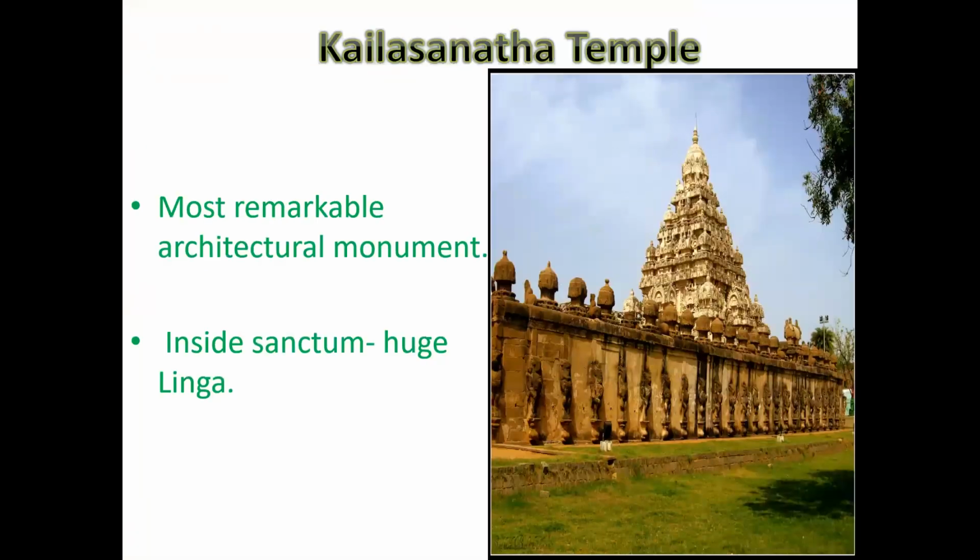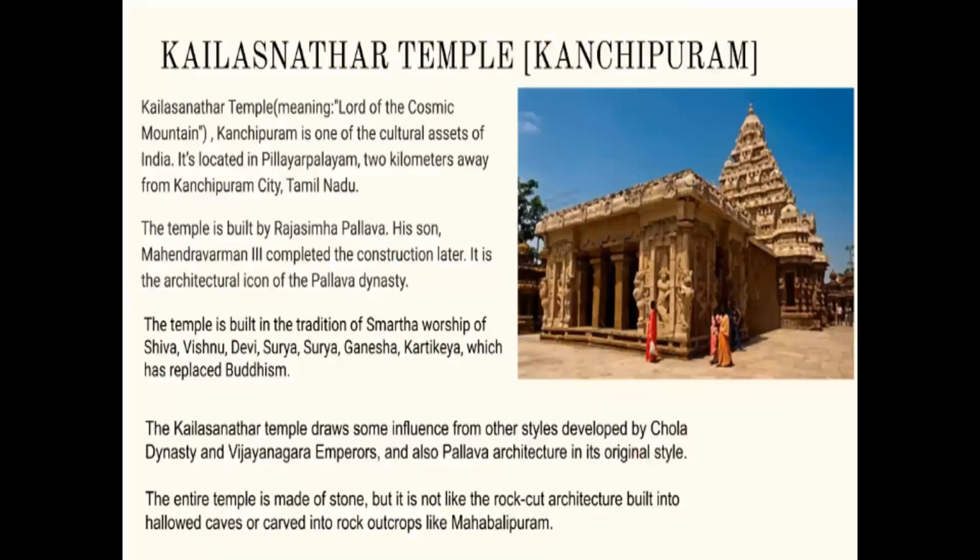Kailasanatha temple. The most important of the group of Pallava structures is the Kailasanatha temple, which is one of the most remarkable architectural monuments. Inside the sanctum, a huge linga is found. Kailasanatha temple at Kanchipuram is one of the cultural assets of India.